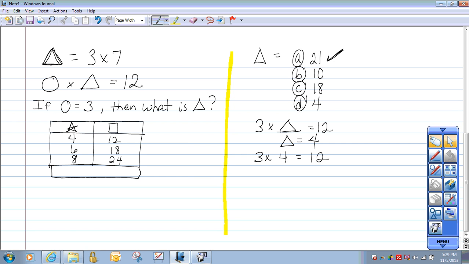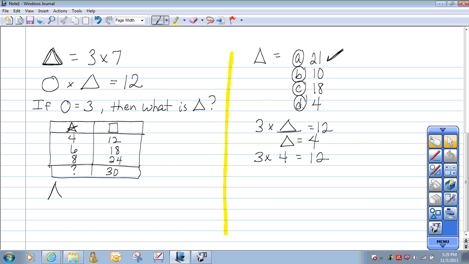Well, what if I put a question mark here? I wanted to find out the next number. You could probably identify, just by the practice we've done with tables, what this pattern is and figure out this number. Let's write it in a symbolic form.